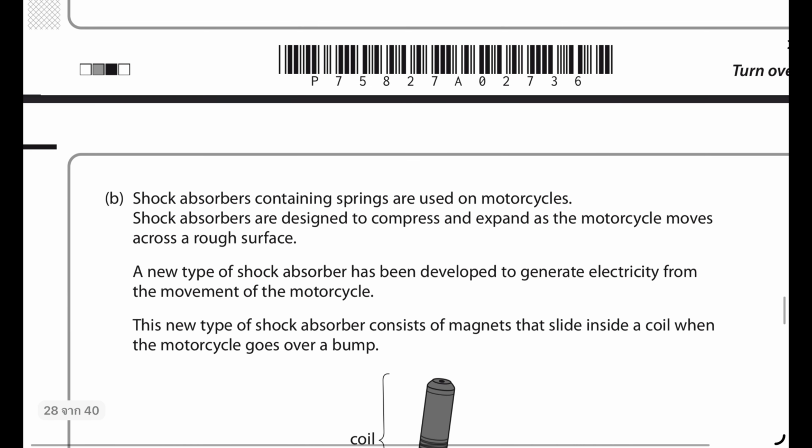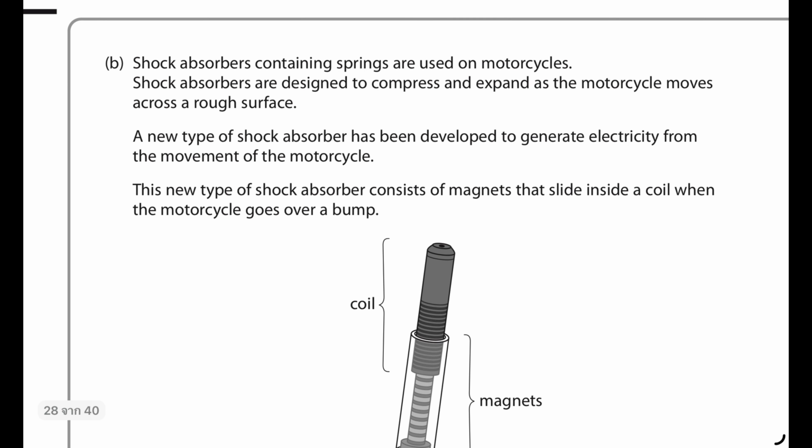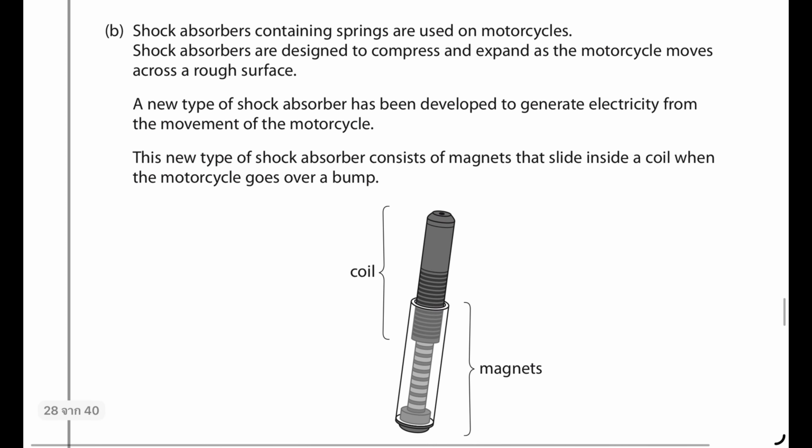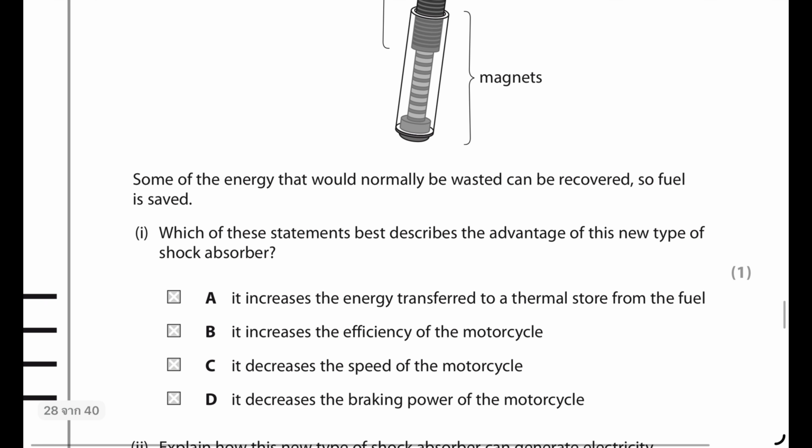Then question B. Shock absorbers containing springs are used on motorcycles. Shock absorbers are designed to compress and expand as the motorcycle moves across a rough surface. A new type of shock absorber has been developed to generate electricity from the movement of the motorcycle. This new type consists of magnets that slide inside a coil when the motorcycle goes over a bump.